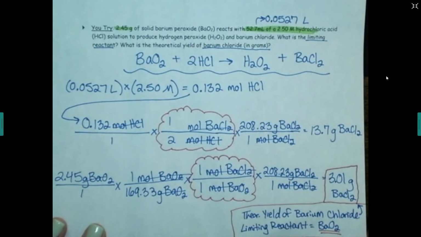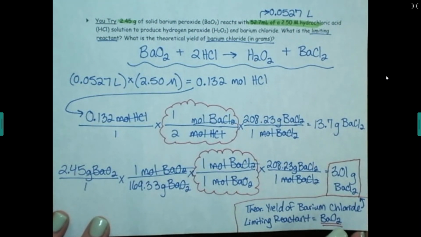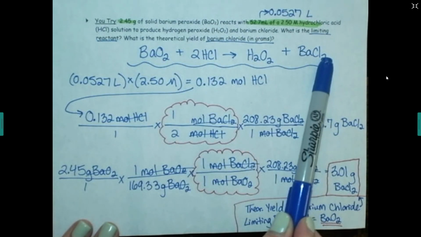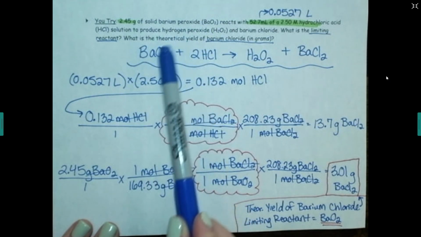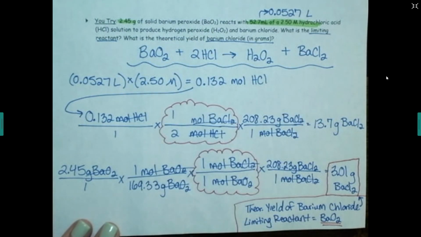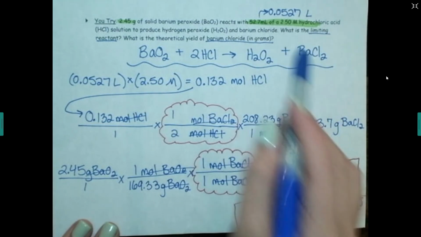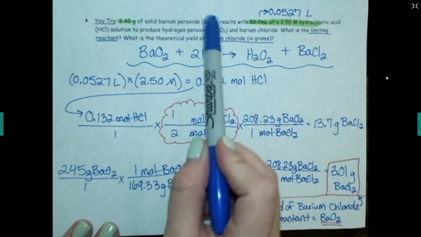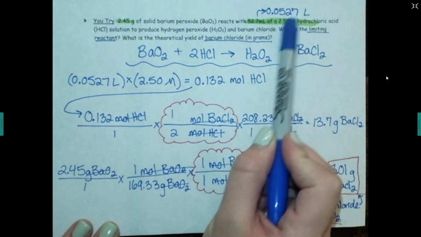Okay, here is what I got for my answer. First, you had to write out the balanced chemical equation properly. See if you got that right. It tells you what it makes. Okay, you just have to make sure you crisscross your charges properly on the barium chloride and balance it properly. Okay, then I took this information. You had to convert to liters first.